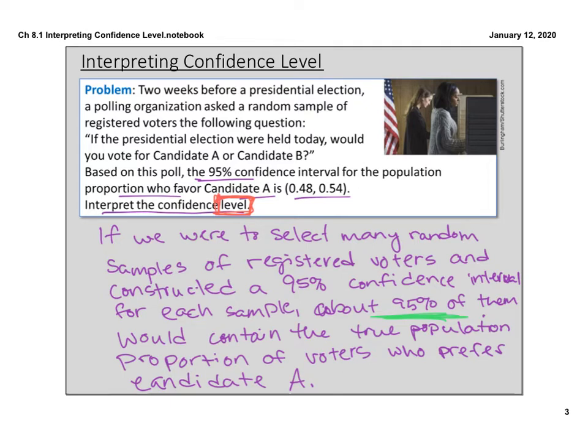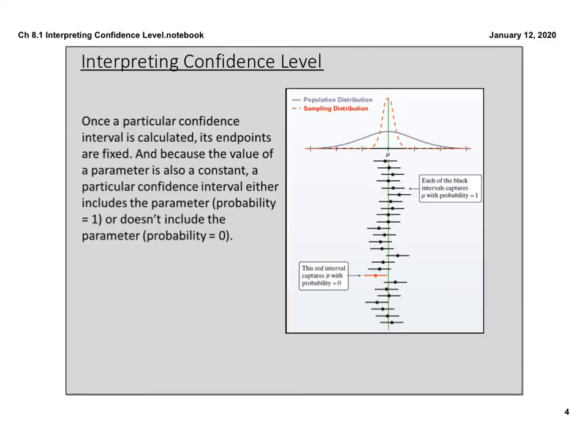So we think that we will hit the mark 95% of the time. Okay, if you're constructing a 95% confidence interval, that means that you have a 95% confidence level if you continue to repeat that process. So here's just kind of a little picture of what that might look like.